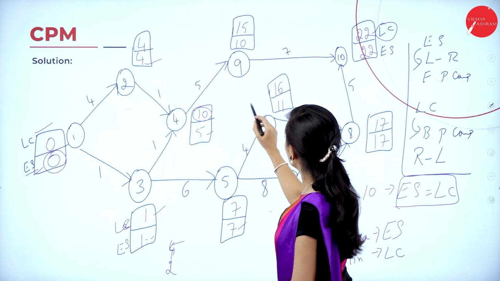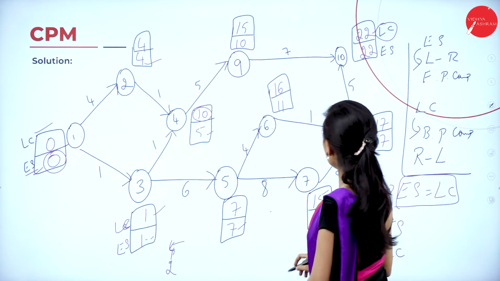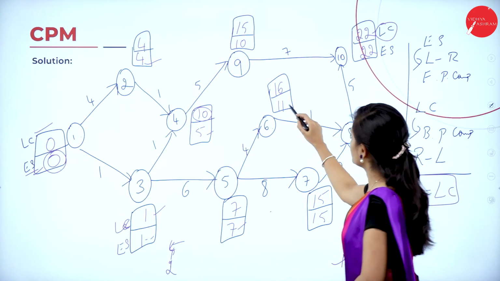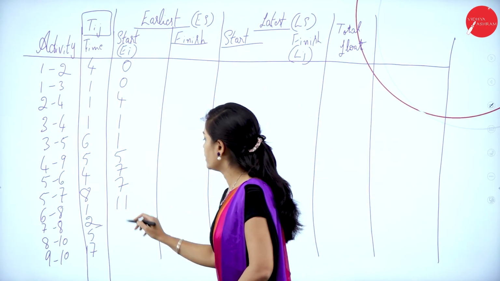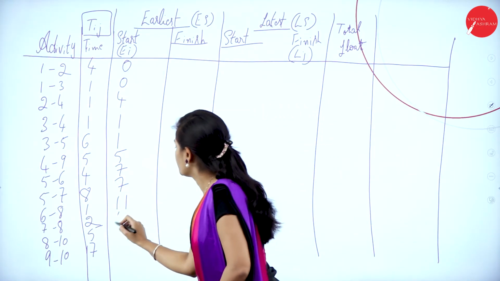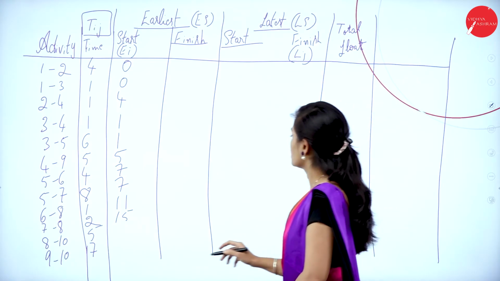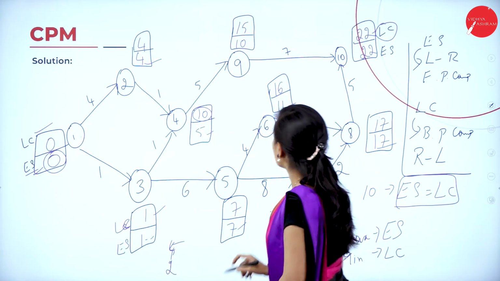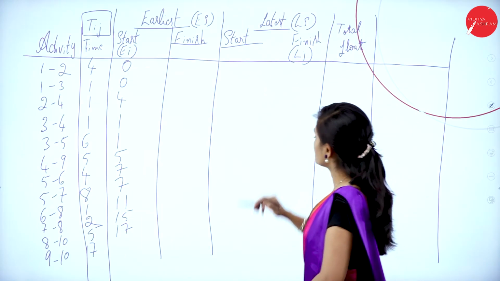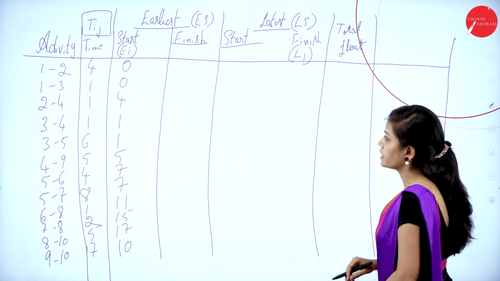And 5 to 7, earliest time is 7. 6 to 8, earliest is 11. And 7 to 8, earliest is 15. And 8 to 10, earliest is 17. And 9 to 10, earliest is 10. Clear? So this is the first step you have to find.